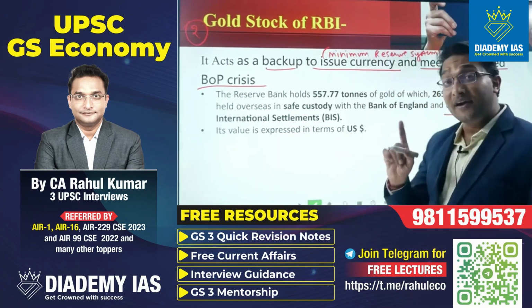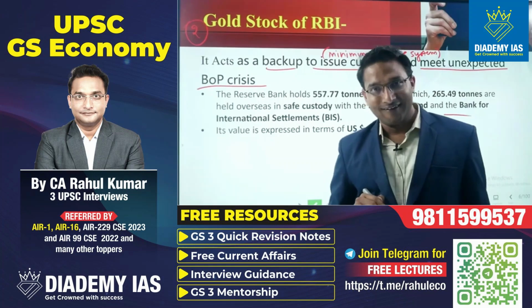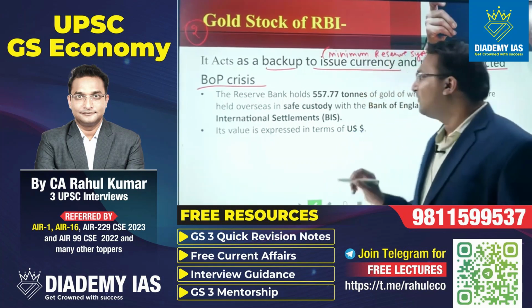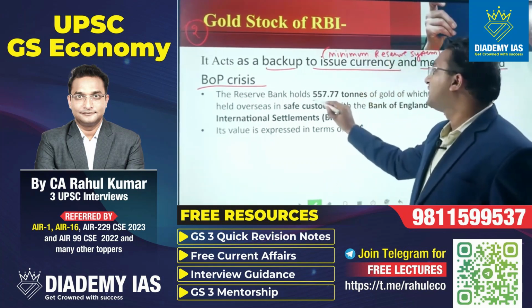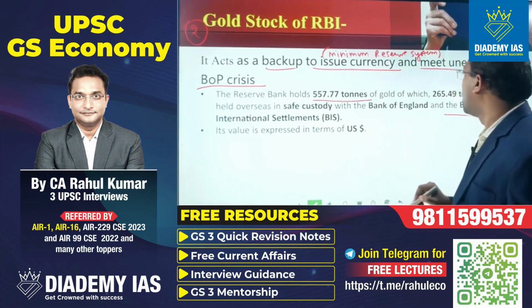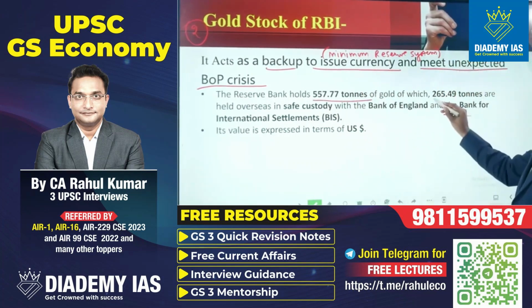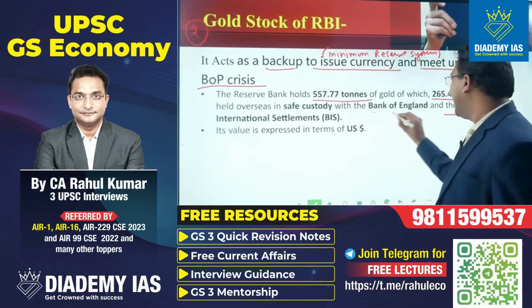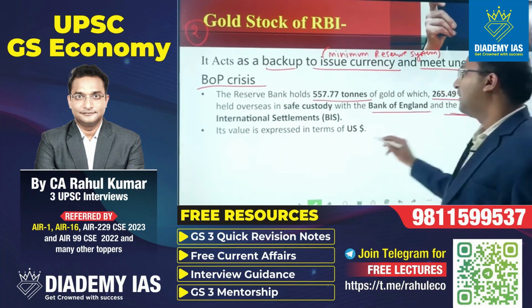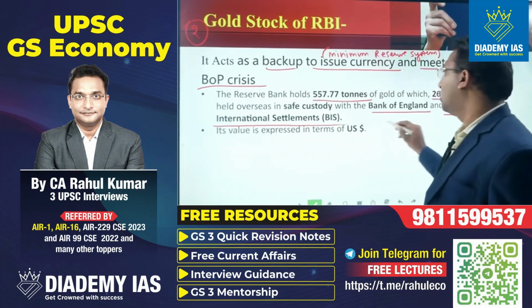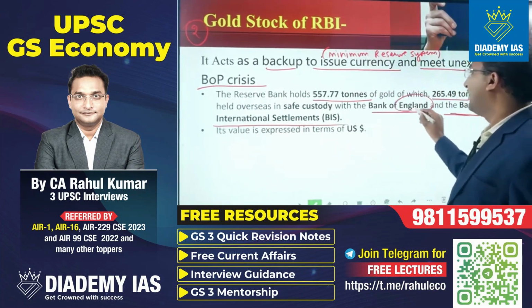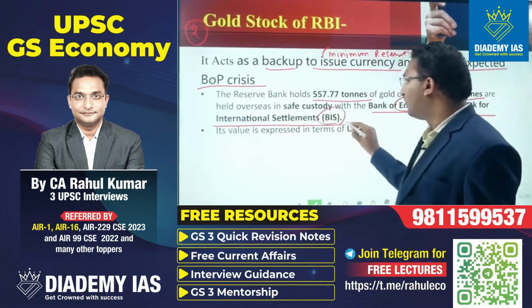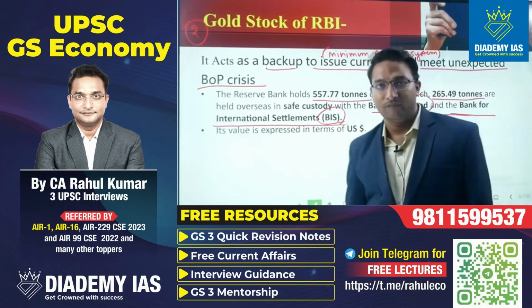If we talk about the quantity, how much is the quantity of this gold? The quantity of this gold is 557.77 tons, out of which 265.49 tons are kept in safe custody with the Bank of England and with the Bank for International Settlements. So Bank of England and the Bank for International Settlements, BIS, we have some gold with them also, right?